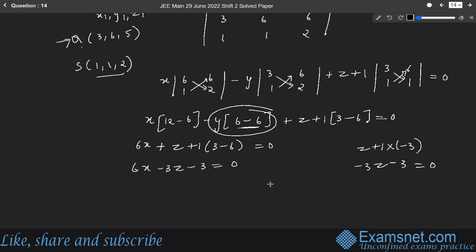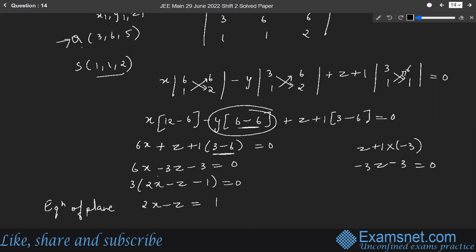We can take 3 common, so it will be 2x minus z minus 1 is equal to 0. So we have 2x minus z is equal to 1. This is the equation formed after expanding the determinant. This is the equation of plane T.